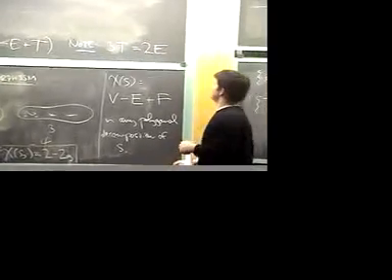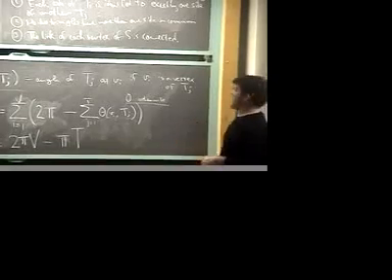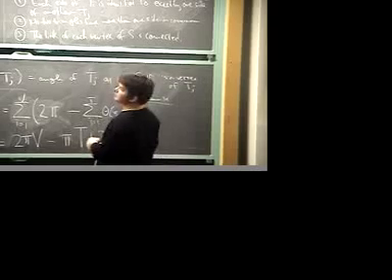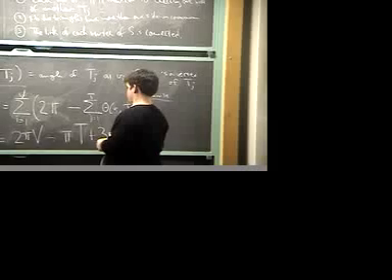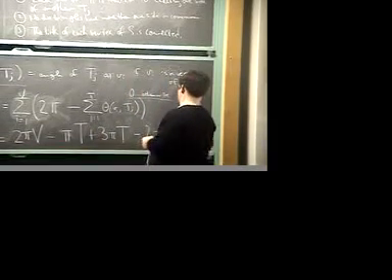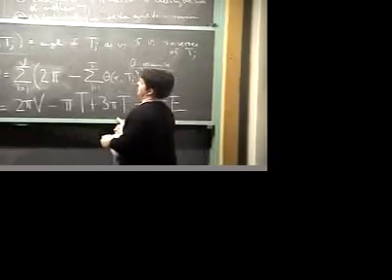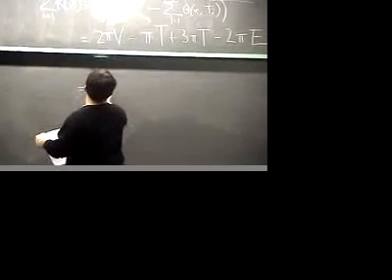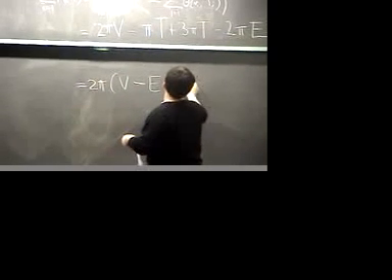Then we can just add and subtract this quantity. Well, let's add and subtract, say, pi times this quantity, 3 pi T minus 2 pi E, and voila. Okay, so 2 pi times vertices minus edges plus triangles.